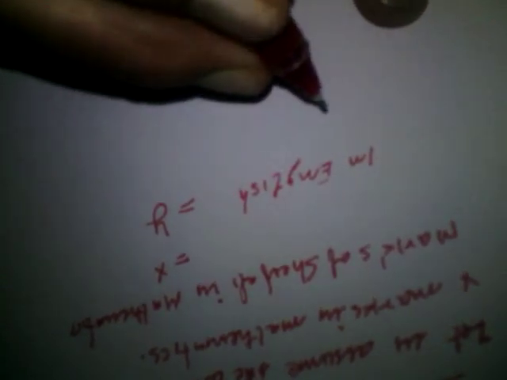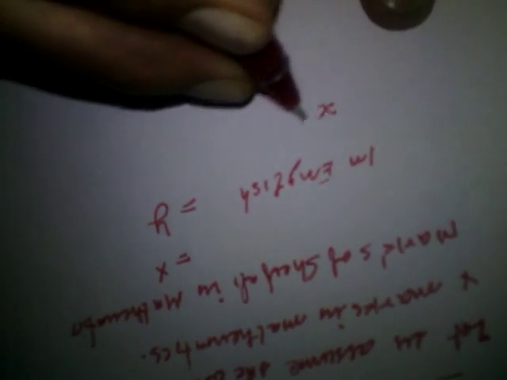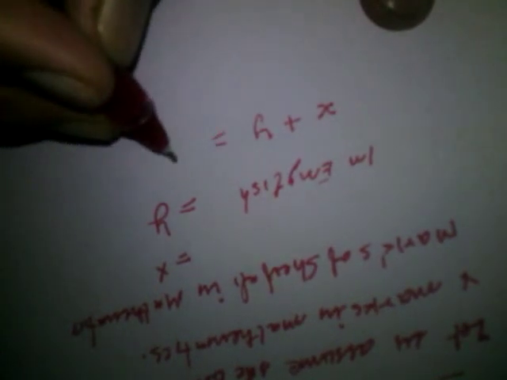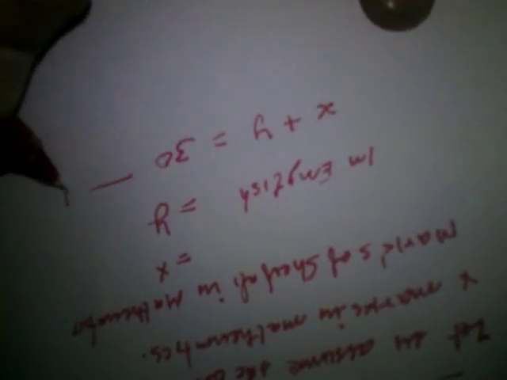Now the sum of marks in mathematics and English is given as 30. So it means X plus Y is equal to 30. Let it be equation 1.